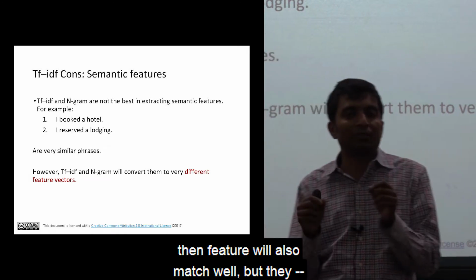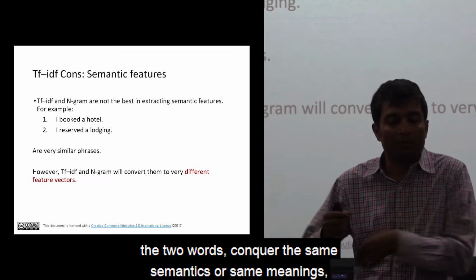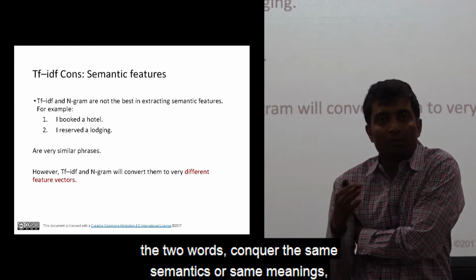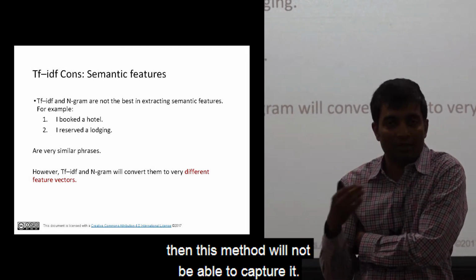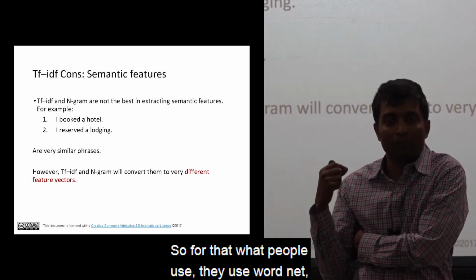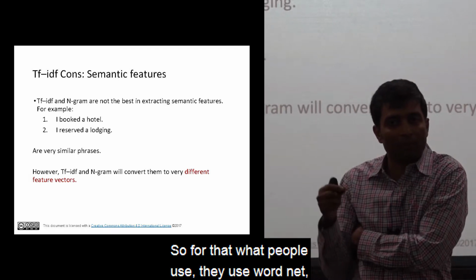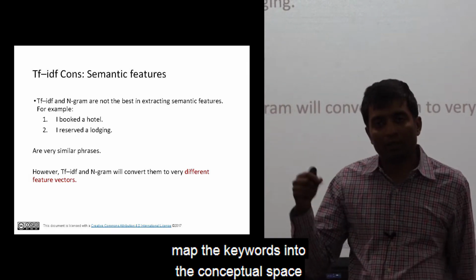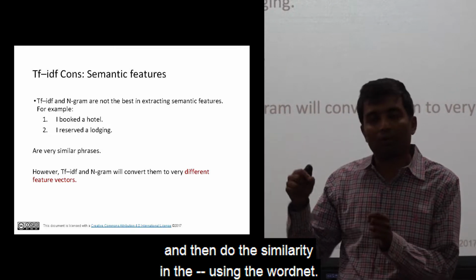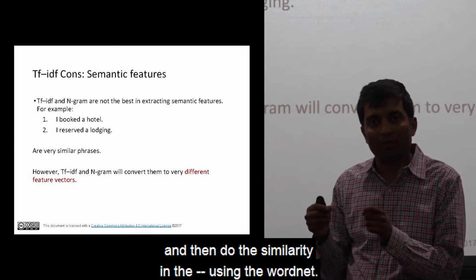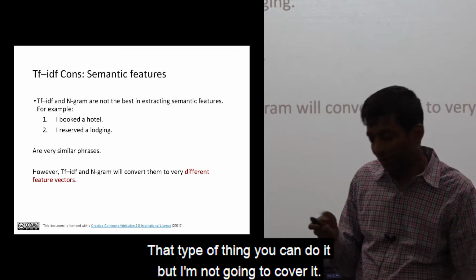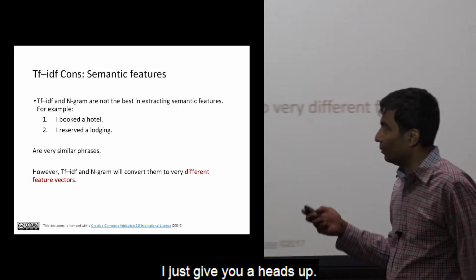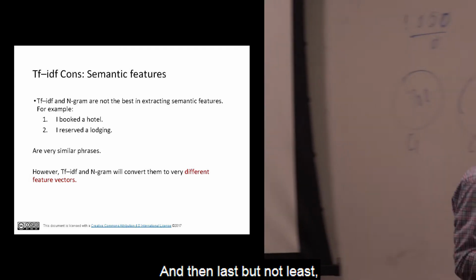If the keywords match, then the features will also match. But if two words convey the same semantics or same meaning, then this method will not be able to capture it. For that, people use WordNet, mapping the keywords into the conceptual space and then doing the similarity using WordNet. You can do that type of thing, but I'm not going to cover it. I just give you a heads up.